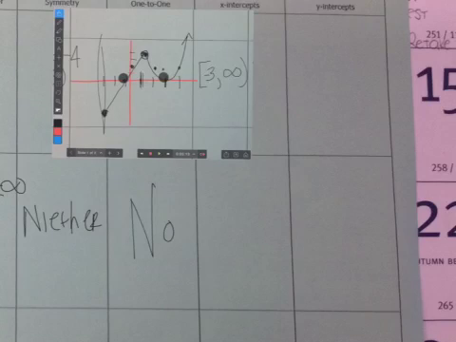So my x-intercepts here are going to be -1, 0 and 3, 0. And then I can see my y-intercept happening right there. And so I would just say that my y-intercept is at 0, 2. And that's the whole problem.